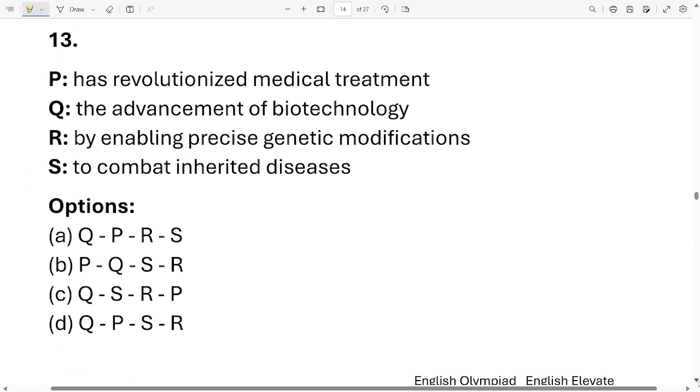Next one. The first sentence: the advancement of biotechnology has revolutionized medical treatment by enabling precise genetic modification to combat inherited disease. Now these are the four sentences, rearrange them in proper sequence.